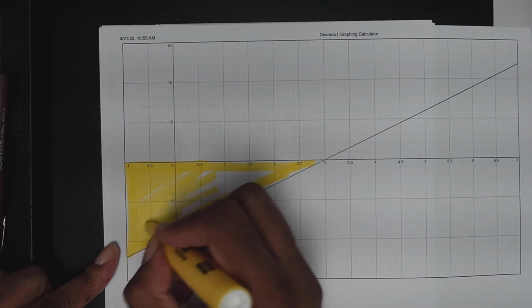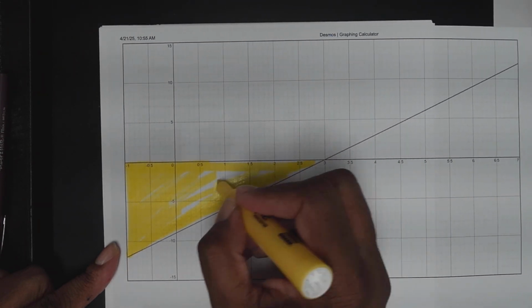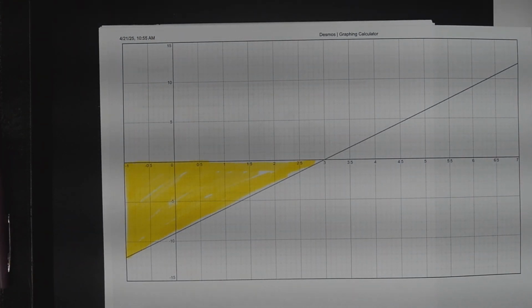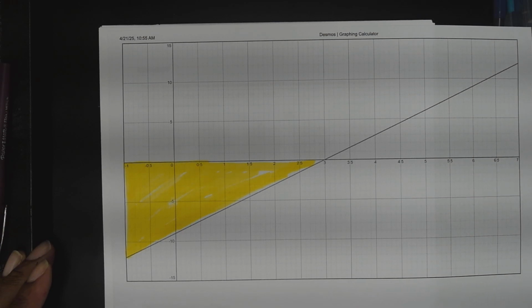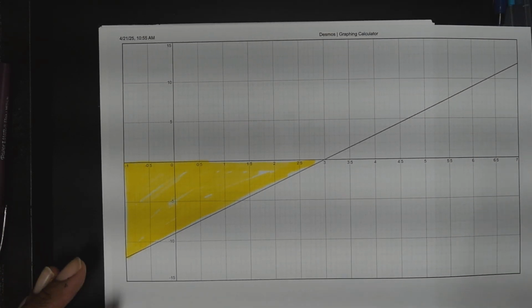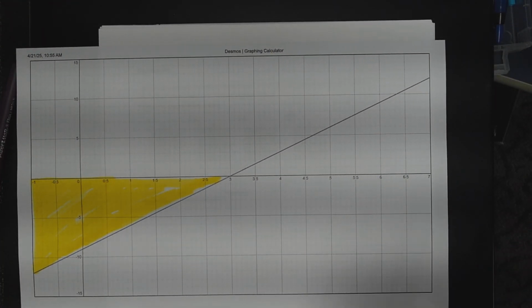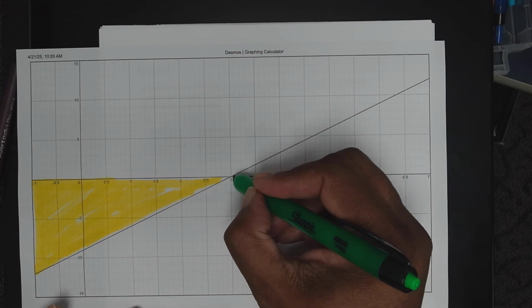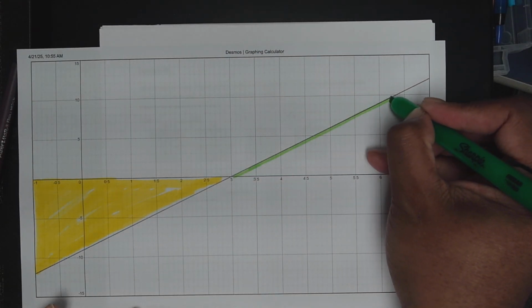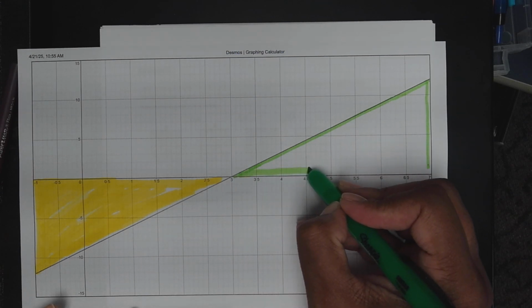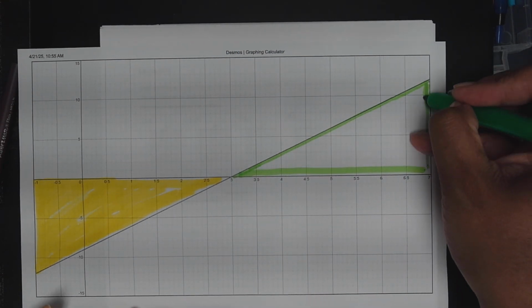That's the area bounded by this linear equation, the x-axis, and my endpoints from -1 to 7. And then the other one will be this one, above the x-axis and the line, and of course, up to 7.